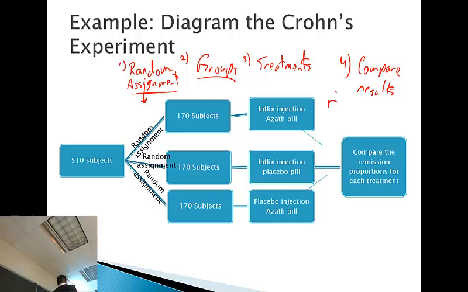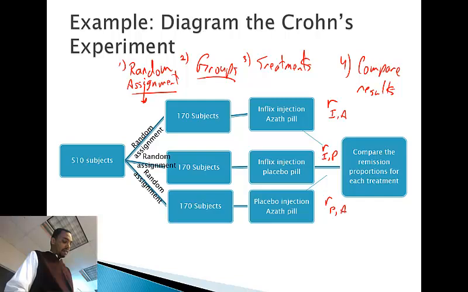And then now you get a remission rate for injection and placebo. And then you get a remission rate for placebo and the AZAP pill. So then theoretically, these different R values are different.